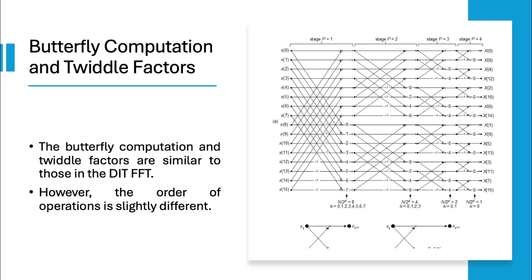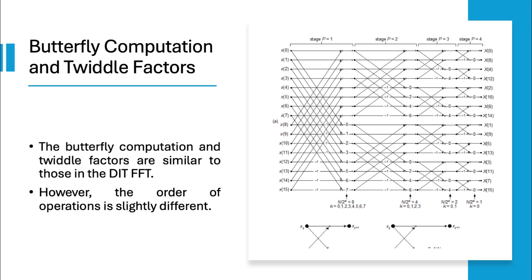The butterfly computation and twiddle factors in this context bear a resemblance to those used in the decimation in time Fast Fourier Transform algorithm. Both involve the process of combining inputs in a way that efficiently computes the discrete Fourier transform. However, it's important to note that the order in which the operations are executed differs slightly.